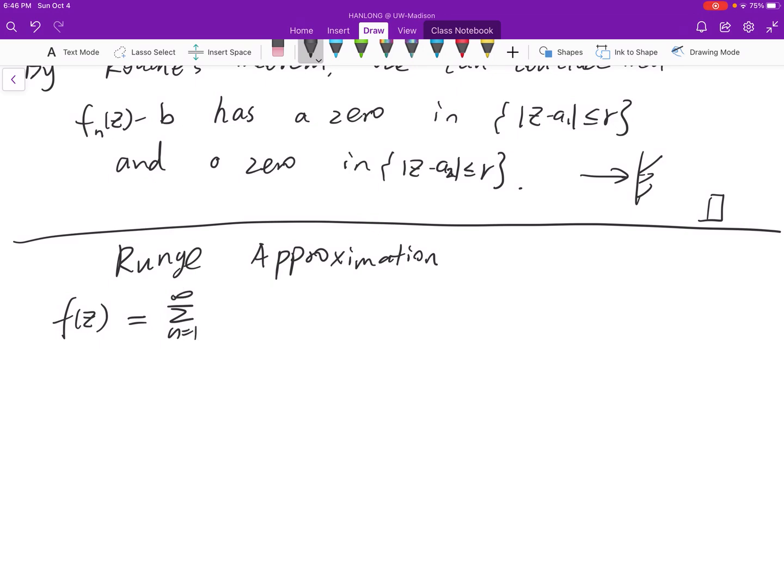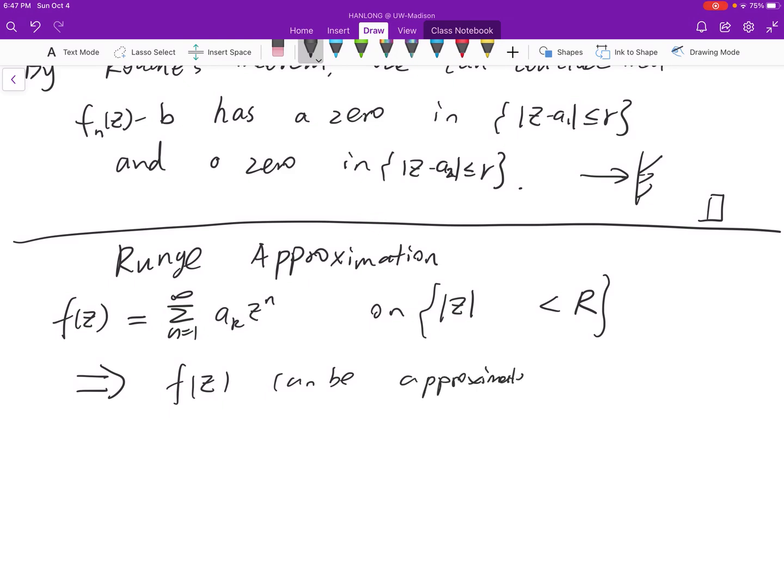So suppose the simplest case, suppose you have a power series in |z| less than or equal to r, less than capital R. It's a convergent power series in the open disk, and then f(z) can be approximated by polynomials uniformly on the closed disk.